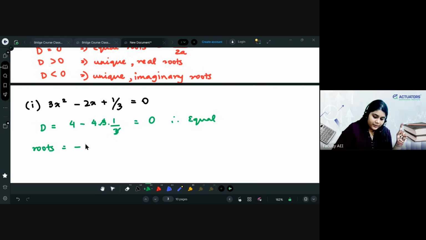Minus b मतलब minus of minus 2 by 2 into a. कितना होगा? 1/3.